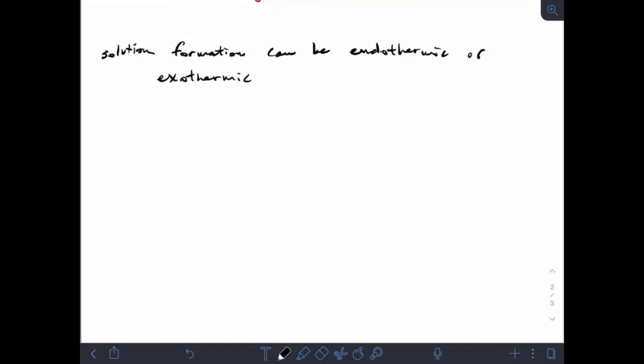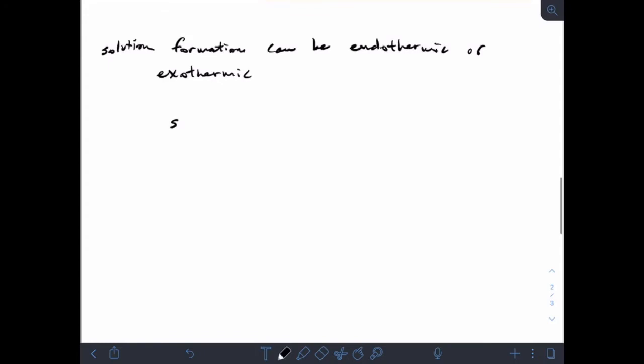So we can have solute-solute interactions, and we can talk about those in terms of enthalpy of the solute, delta H of the solute.